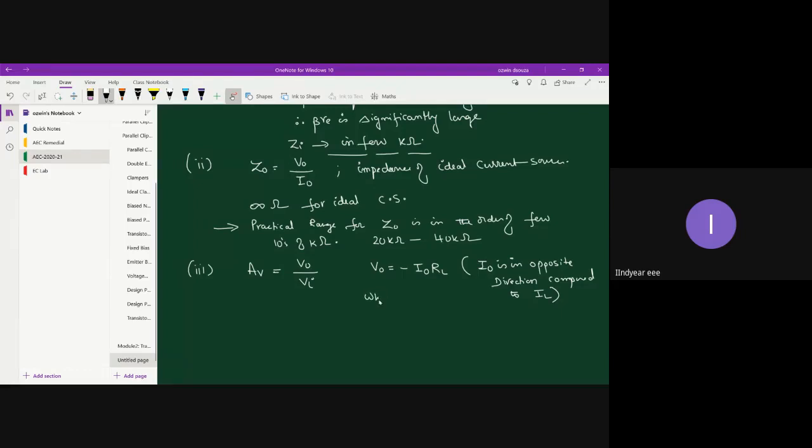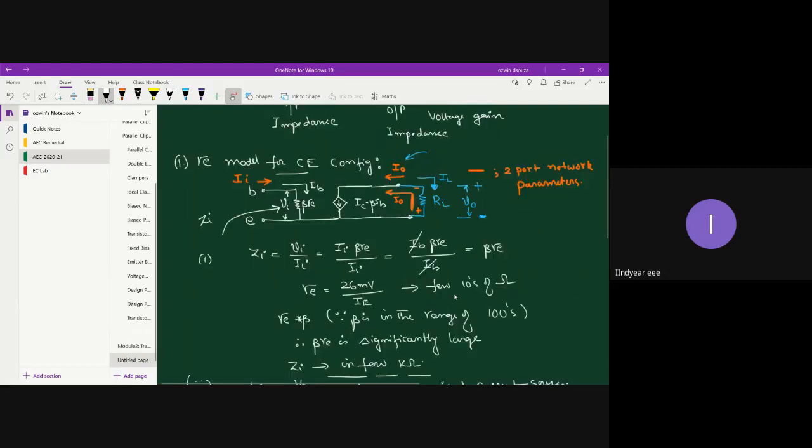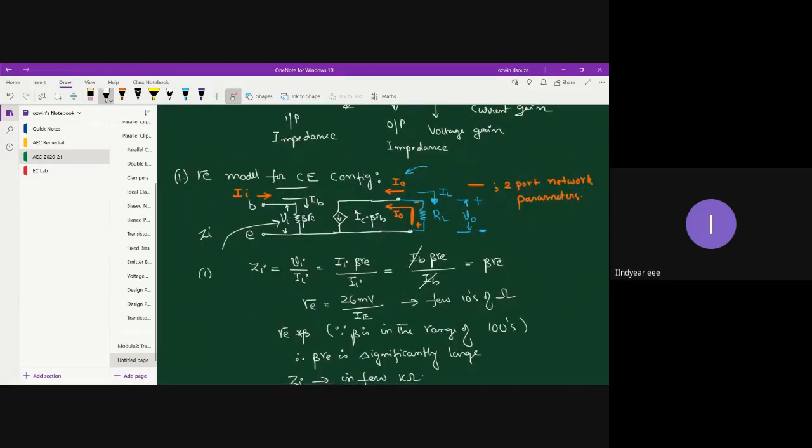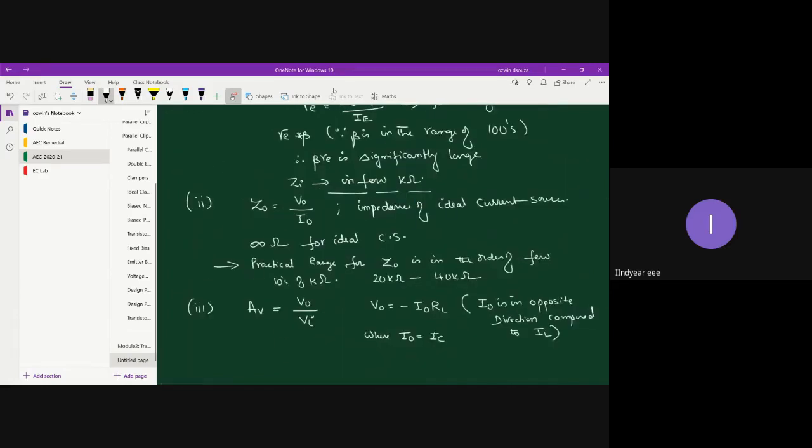Also, I naught is equal to IC. That's because I naught and IC current direction are agreeing with each other, right? IC is flowing downwards, and so is I naught. So IC can be taken as I naught. Therefore you can write your output voltage as minus IC into RL. Let's keep it aside.